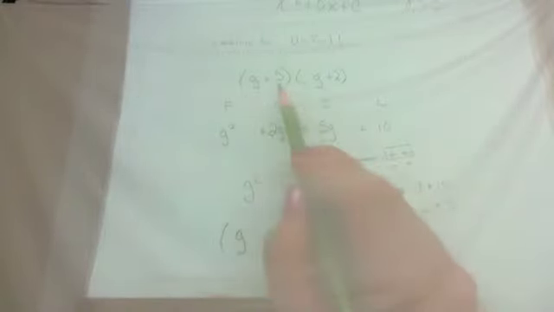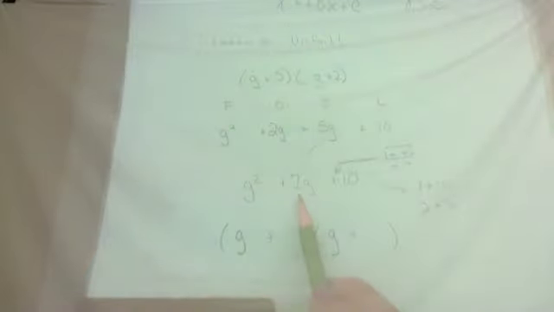But do you see that to get the second term, I added a 5 and a 2 to get 7? If I take 1 plus 10, that makes 11. But if I take 2 plus 5, I get 7. So the answer has to be a 2 and a 5. And so I'm going to put a 2 and a 5. And you can switch them. It could be a 5 here and a 2 there.